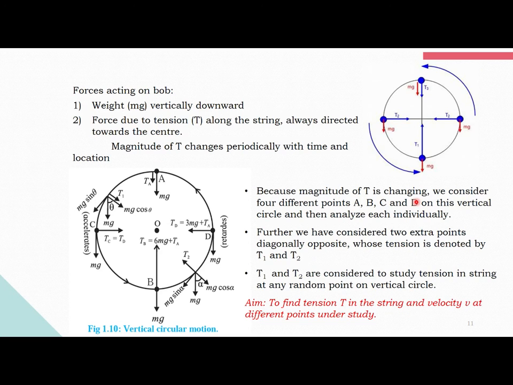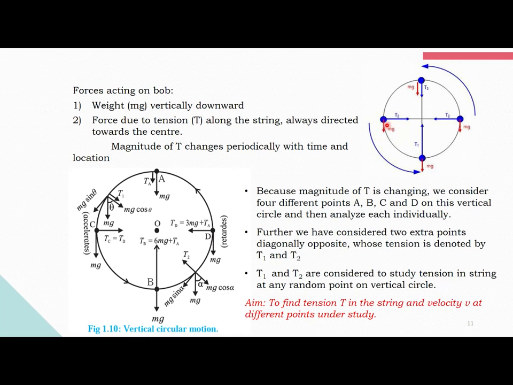So, here we are. The number one force is weight, which is vertically downward. You can see this in this figure. This is the weight. Weight is equal to mg and it is vertically downward. Number 2, force due to tension along the string, always directed towards the center.